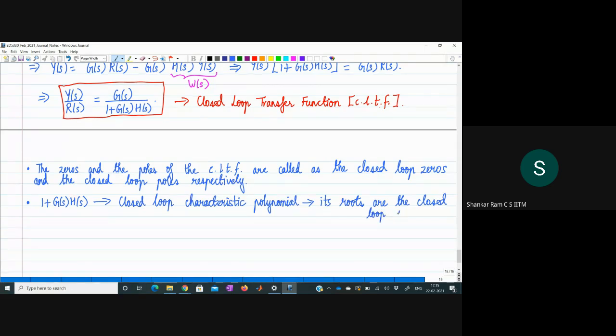So we can immediately observe that the closed loop characteristic polynomial is 1 plus G of s H of s, and its roots are the closed loop poles. Okay, and then the equation 1 plus G of s H of s equal to 0 is what is called the closed loop characteristic equation.